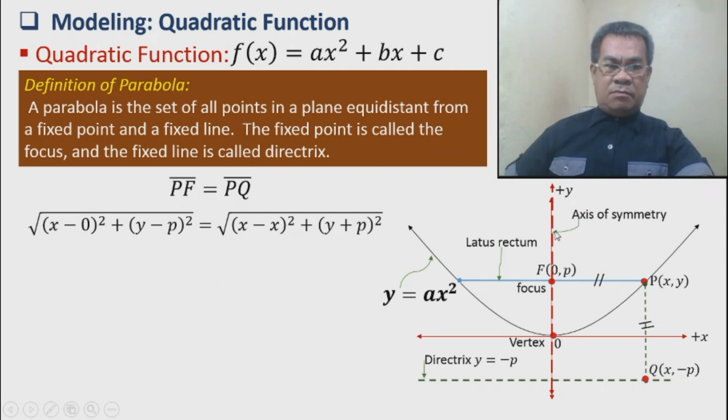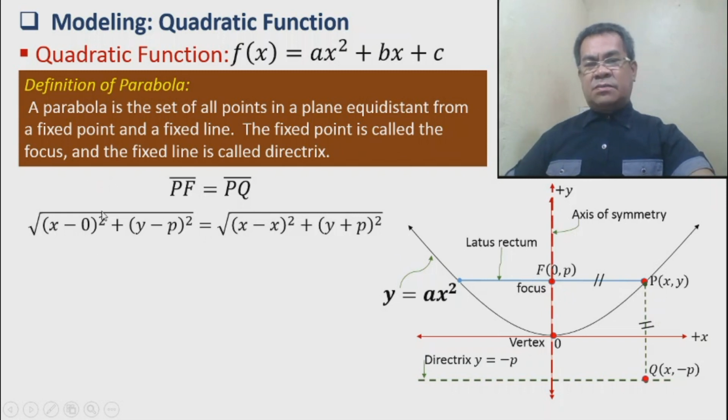Again, the PF is x minus 0, then square it, plus y minus p, then square. So this is now the distance of PQ using the distance formula.